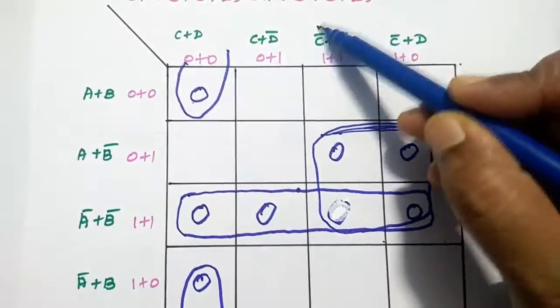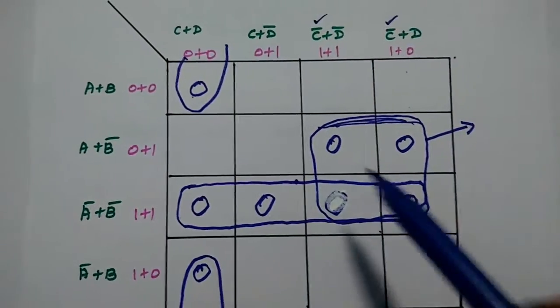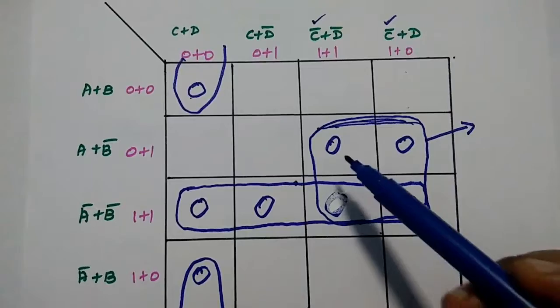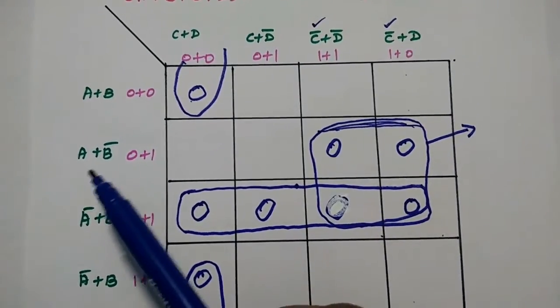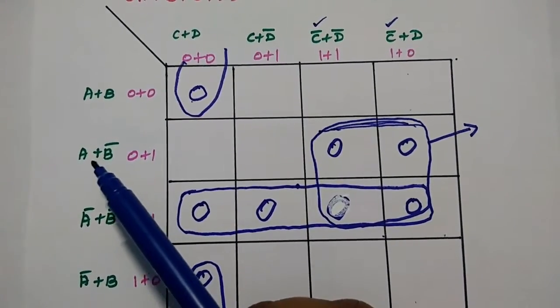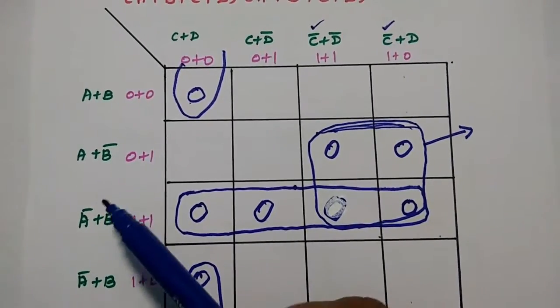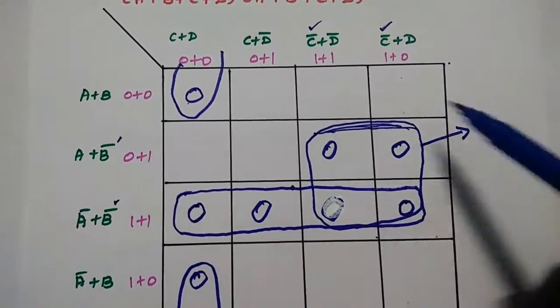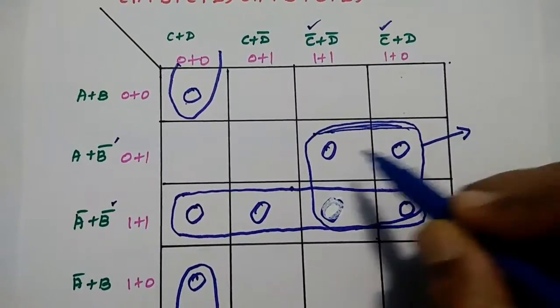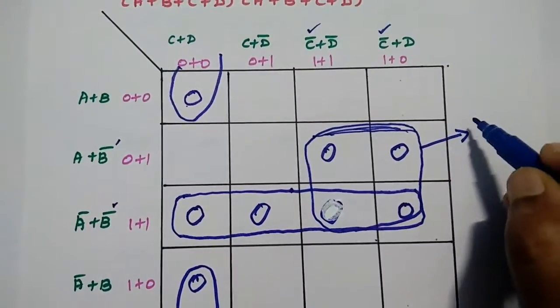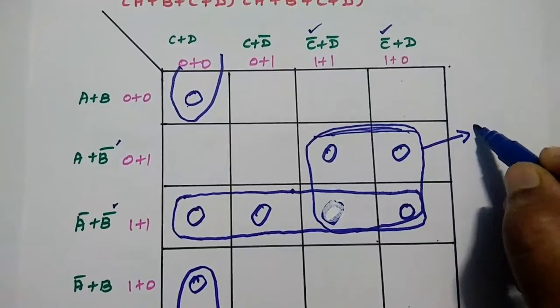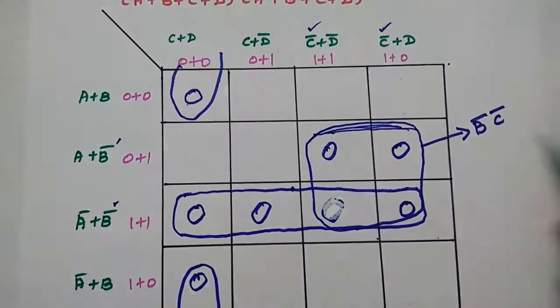So here C bar is there. And for these two rows, we can take the common term. Which is the common one here? Here it is A, here it is A bar, here it is B bar, B bar. So B bar is a common term. So we can say the Boolean expression for this group of zeros is B bar, C bar.